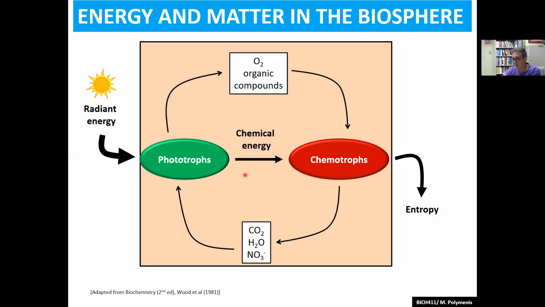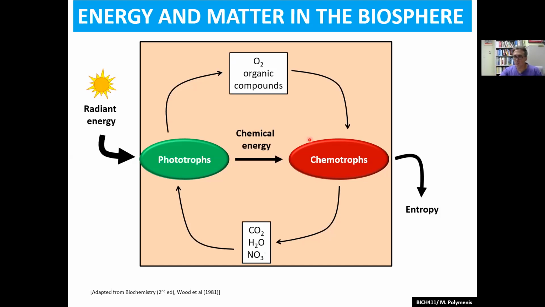And everybody does the same thing, and then we go around and around. And this is really how the radiant energy from the sun gets captured in chemical energy in the biosphere. And ultimately, of course, the entropy increases, but not in our cells. Entropy increases in space and in the whole universe.